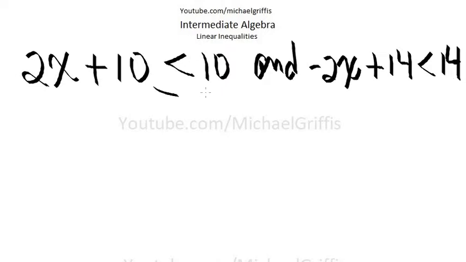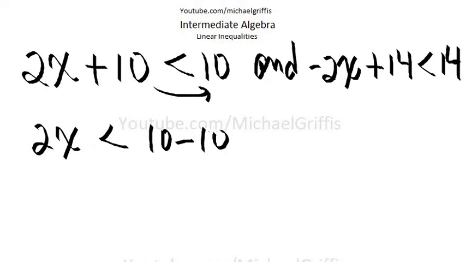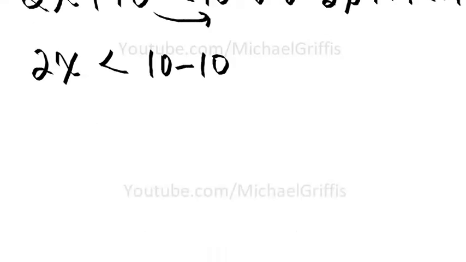Okay, so we'll first work the inequality on the left hand side. I'm going to take my 10 and move it over, so we have 2x is less than 10 minus 10. Now we'll clean that up a little bit. So we have 2x is less than 0.